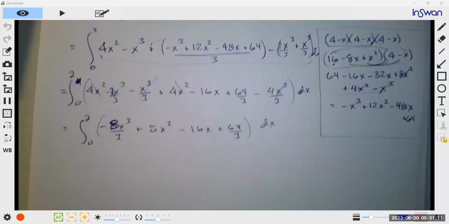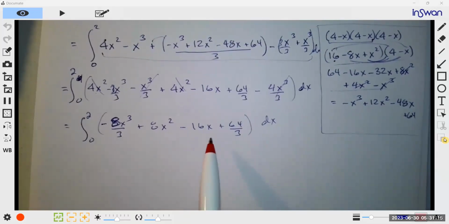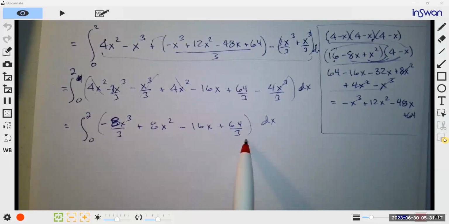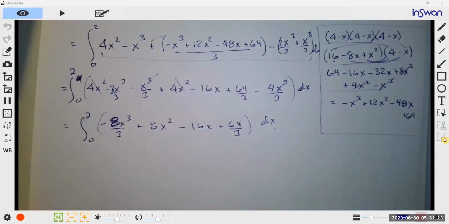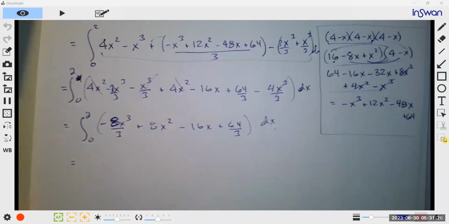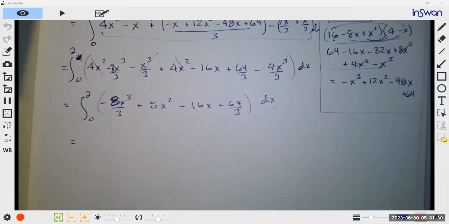All right. Now we gotta do it with respect to x. It's not difficult, it's just long. There's just a lot of moving parts here.